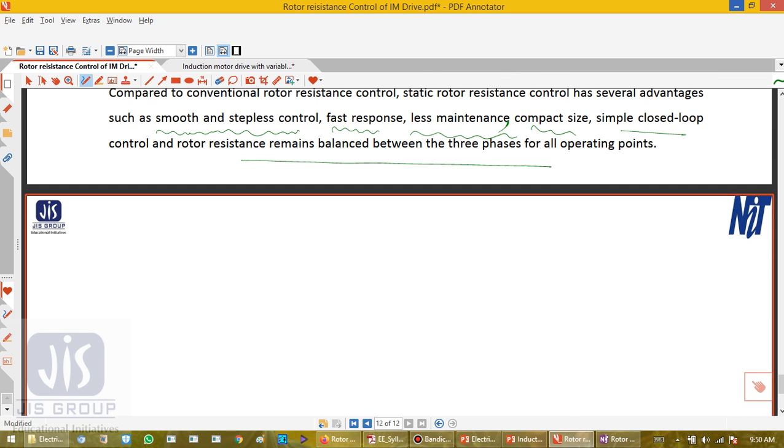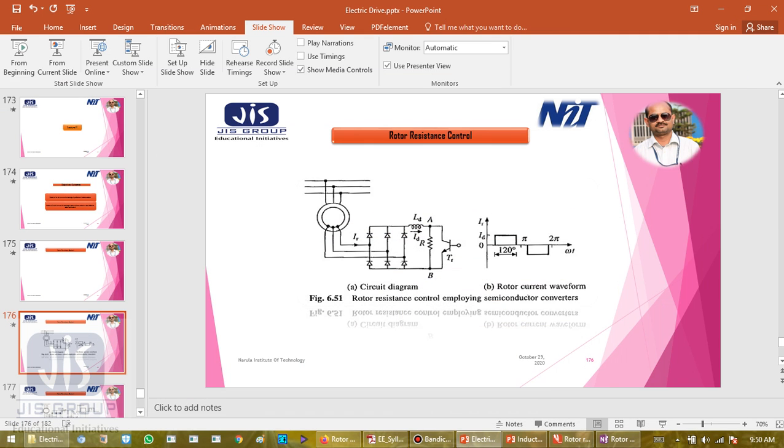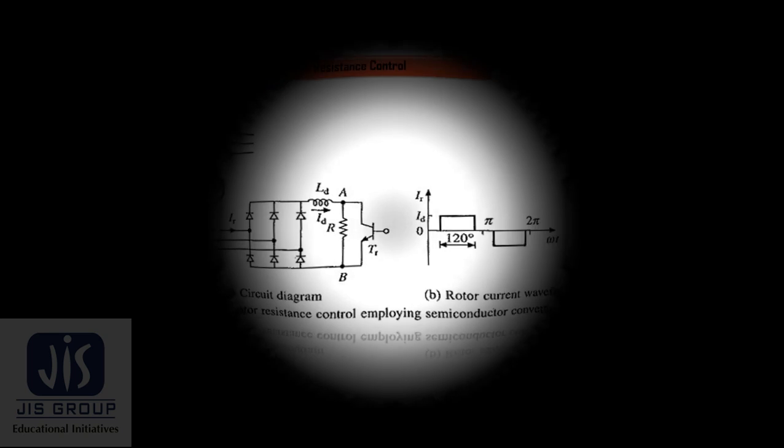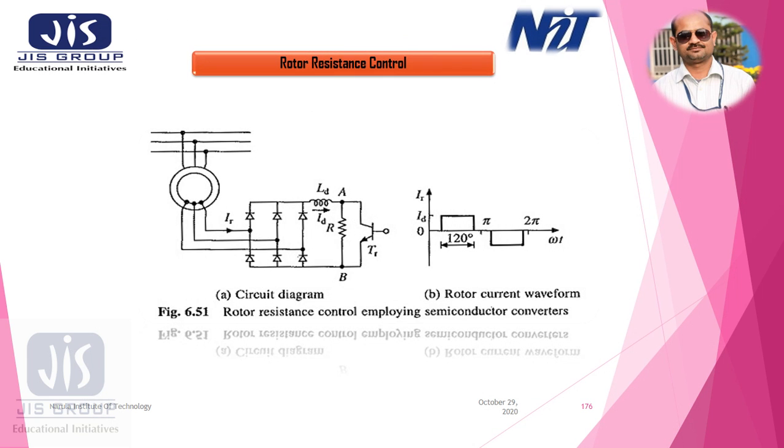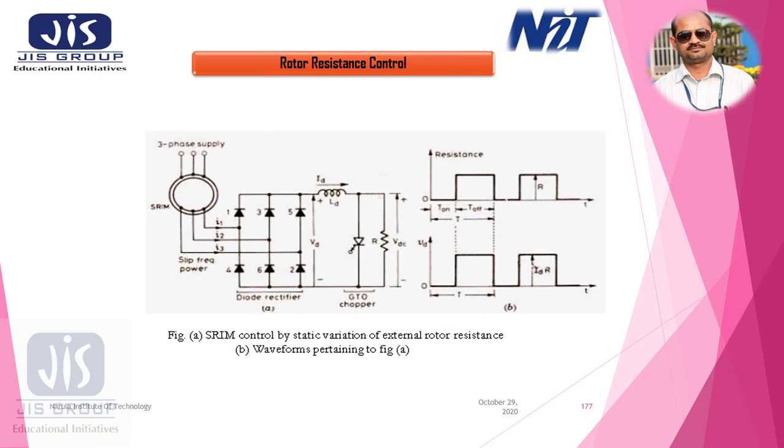So this is all about rotor resistance control. We have covered the static rotor resistance control. This is another picture which we have shown, with the duty cycle and corresponding value of resistance and the voltage.